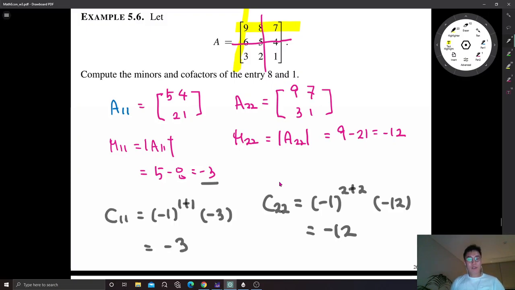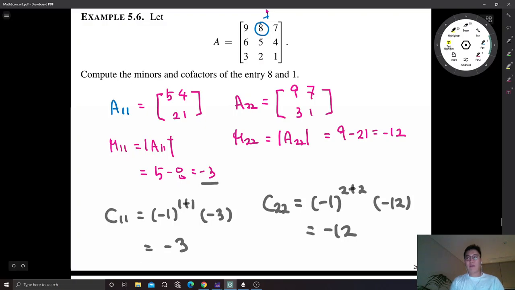So let me do just one more exercise here. Compute the minor and cofactor of the entry 8. Entry 8 is right here. So the 8 is in the first row and the second column.